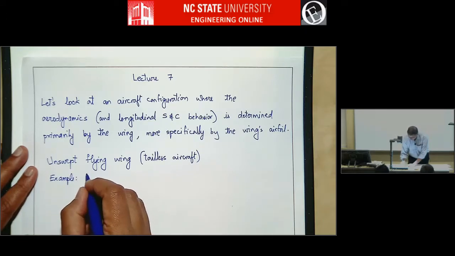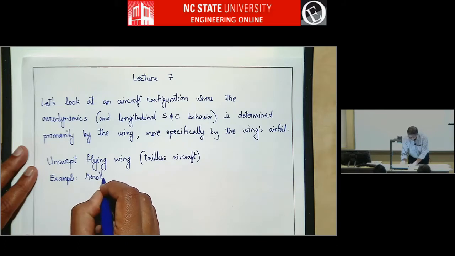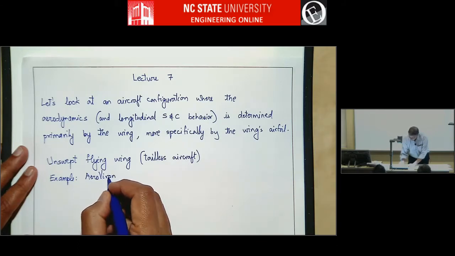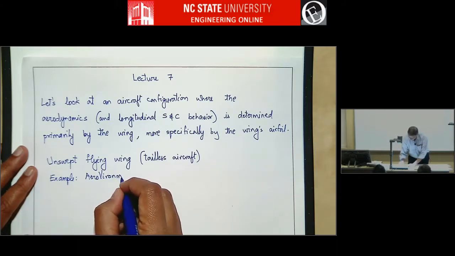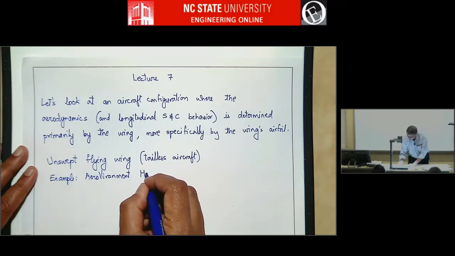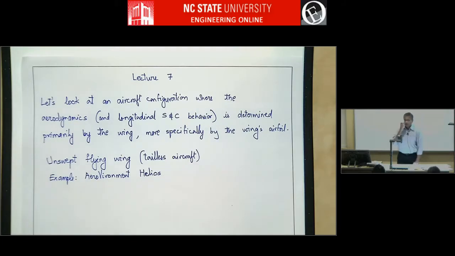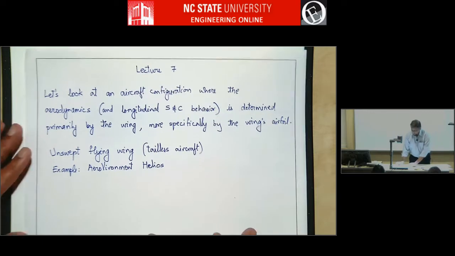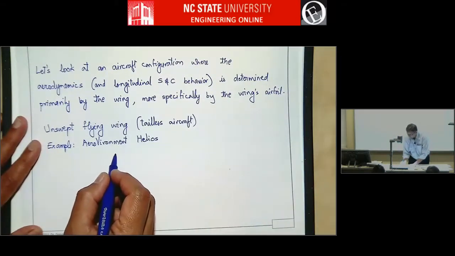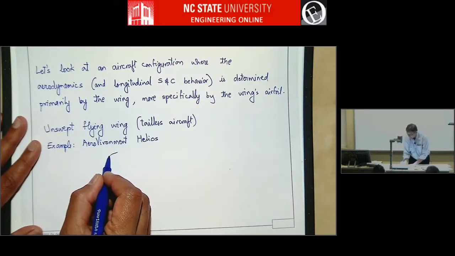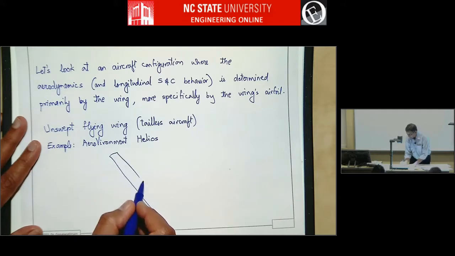This is the AeroVironment Helios. I showed a version of this airplane in the first lecture when we talked about this solar-powered flying wing. If I just want to make a rough sketch of it, it looks like this.